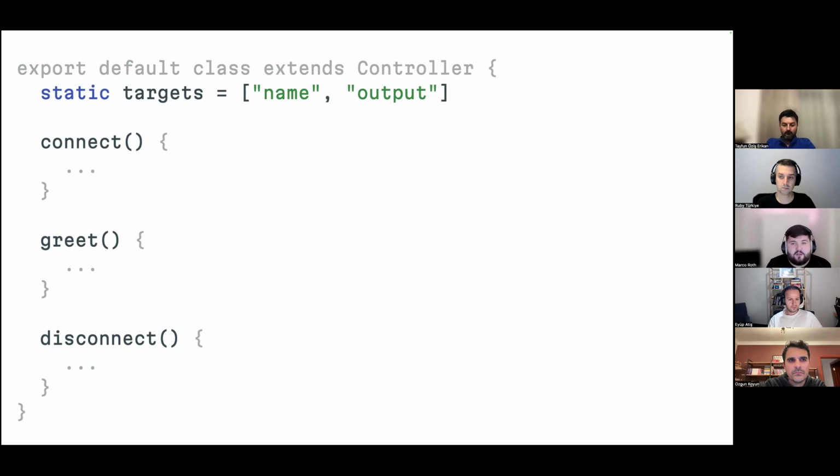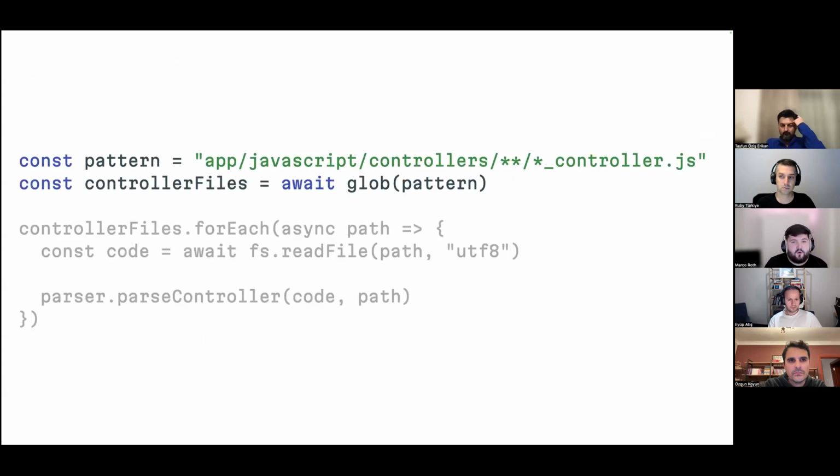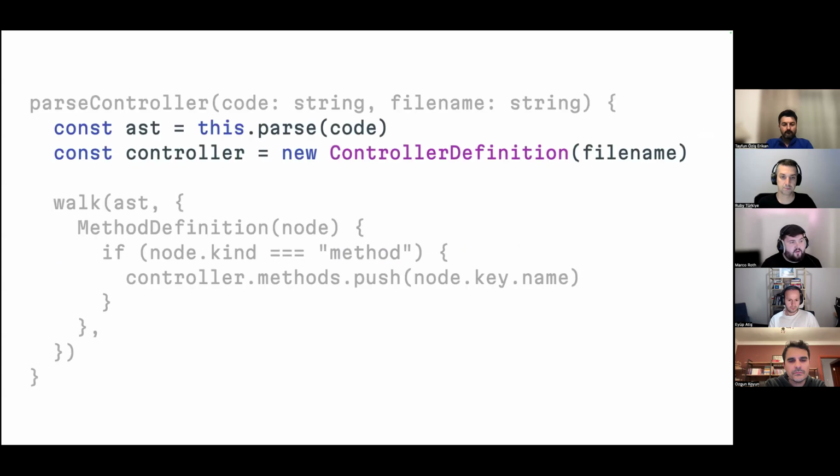So what we can do is write some code in JavaScript to go over all these files. We have a glob to look for all these controllers. We loop over all of them, read the files, and pass the source code and the file name into our parse controller method. In that method, we can parse the code. We get back an abstract syntax tree, which allows us to look into this file, how it's defined and what it's actually exposing.